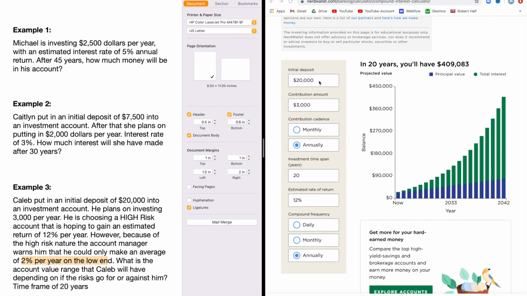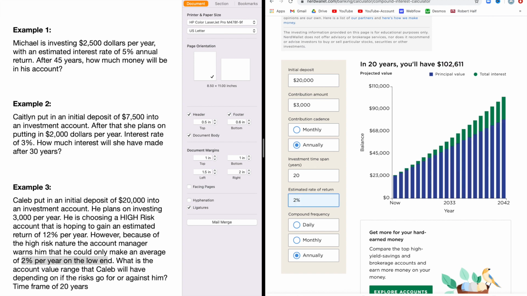So with this 20,000 contributing 3,000 per year annually with 12%, after 20 years, we'll have 409,000 on the high mark. But let's change this 12% to 2%, and this will give us the low mark. And so on the low mark, 102,000.